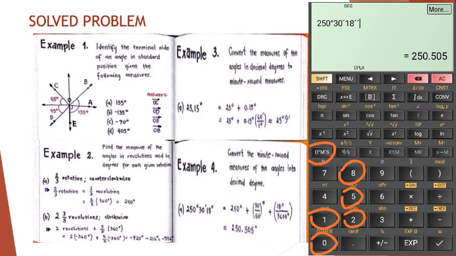Baka may umapila eh. Okay, example 4. Baliktad naman. Convert the minute-second measures of the angle into decimal degree. Ngayon, kung mapapansin nyo, ito naman yung minute-second. How many minutes in 1 degree?